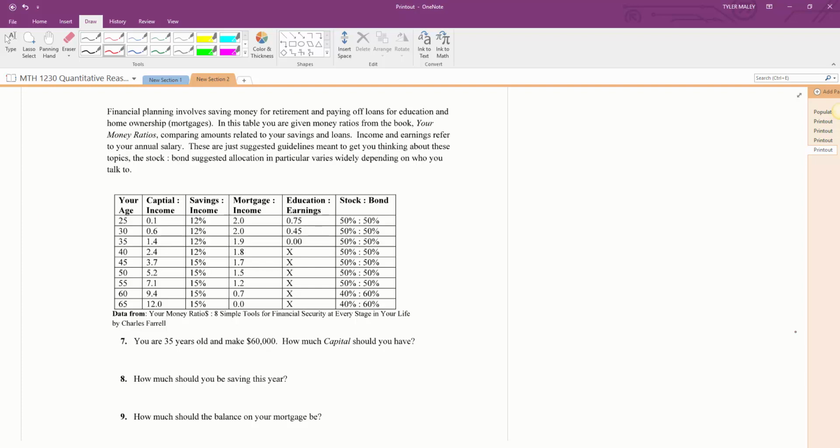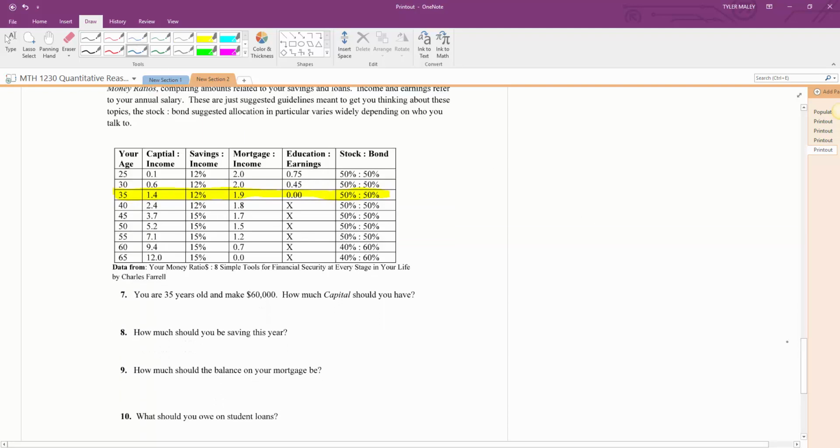So number 7 says you're 35 years old and make $60,000. It says how much capital should you have? Right. So by using this table, and we're given a scenario that we're 35 years old, so we're going to use this row. So we're 35 years old, make $60,000.